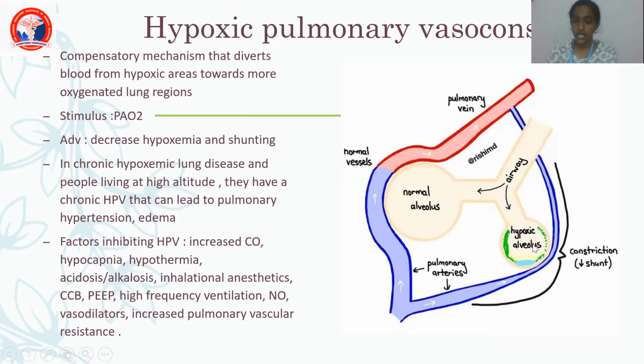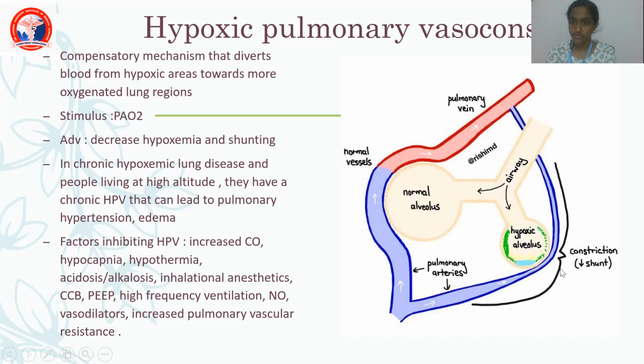See, this is a hypoxic alveolus. So there won't be oxygen inside this alveolus. This is a normal alveolus. There is plenty of oxygen in this. So blood is getting diverted towards the normal alveolus. Blood is getting diverted away from the hypoxic alveolus. So wherever there is hypoxia, there is vasoconstriction.